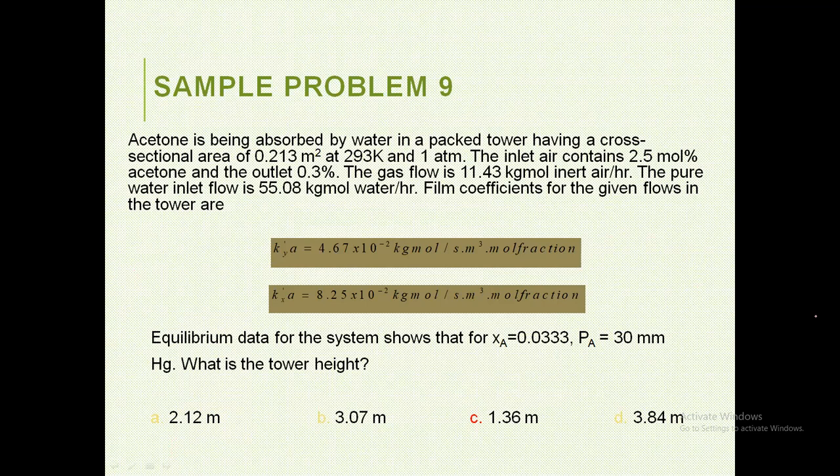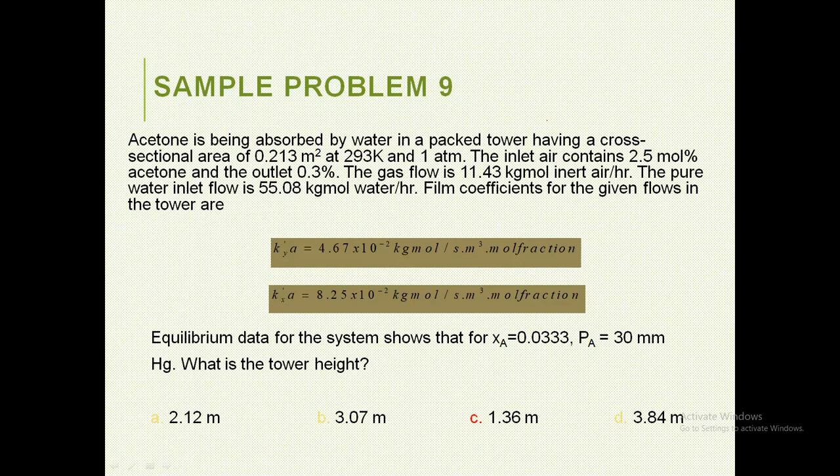So this is a dilute system because the inlet air contains only 2.5 mole percent acetone, so it's less than 10%. The outlet is 0.3%. The gas flow is 11.43 kilogram mole inert air per hour.